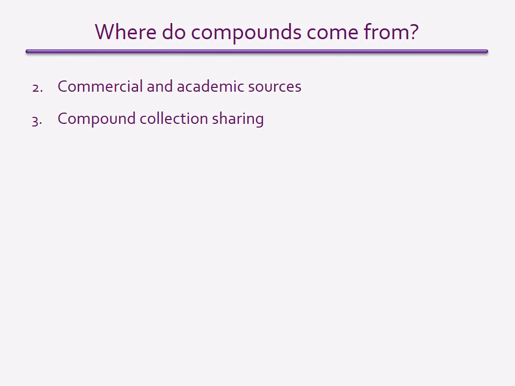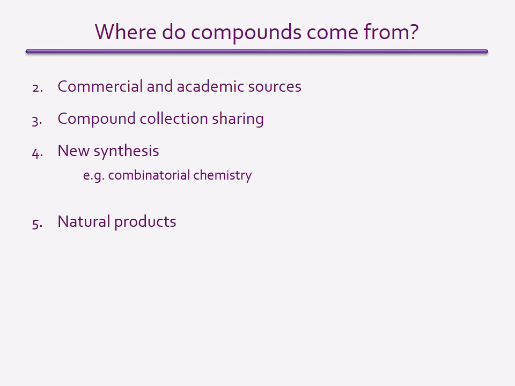Compounds can also be synthesized from scratch. This may be on a small scale, for example, in an academic laboratory, but it often involves synthesis on a grand scale, using a process known as combinatorial chemistry, which we shall explore shortly. Another source of new compounds is natural products, or chemicals produced by living organisms.